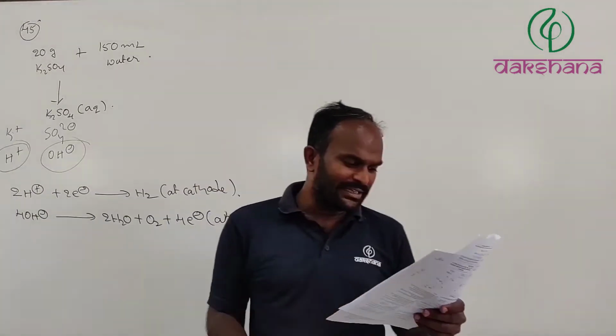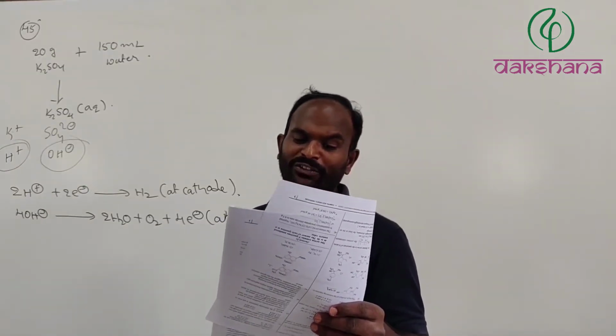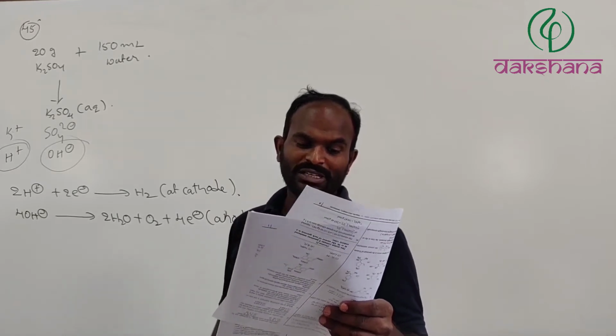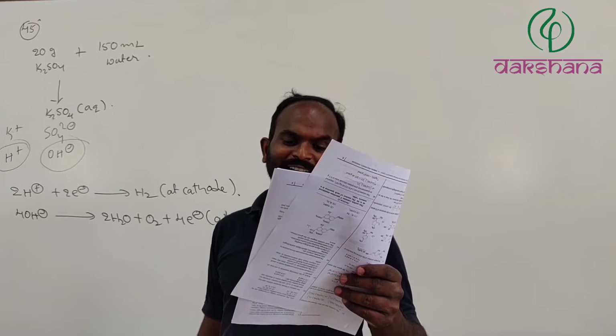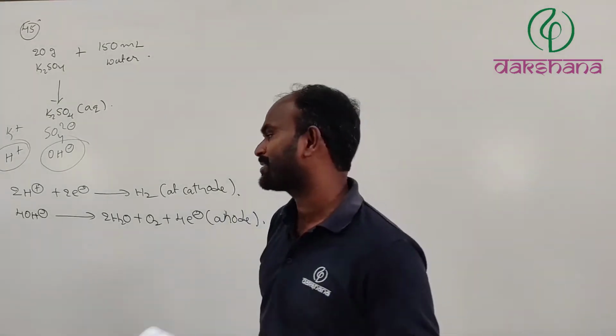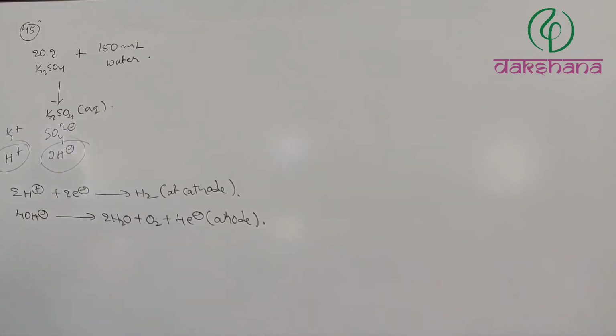Now, what they are saying: an amount of 20 grams of potassium sulfate was dissolved in 150 ml of water. The solution was then electrolyzed. After electrolysis, the content of potassium sulfate in the solution was 15% by mass, which means they were electrolyzed.